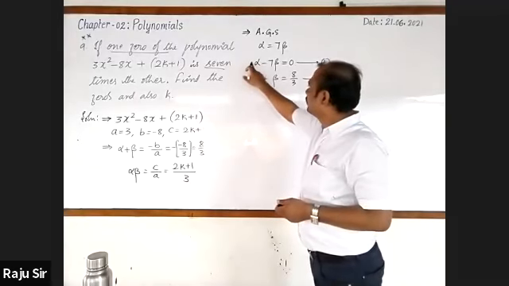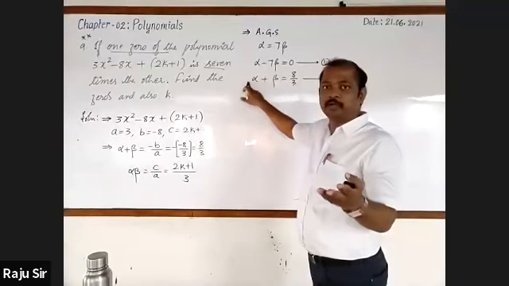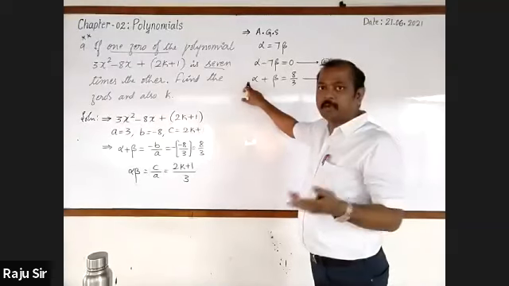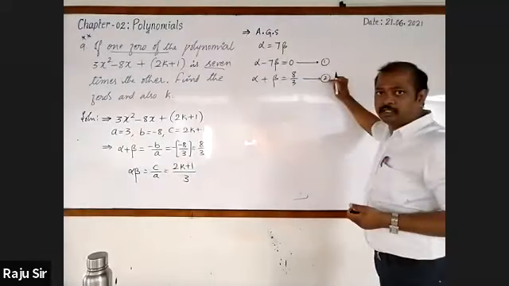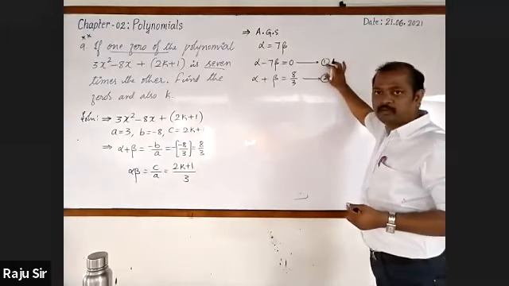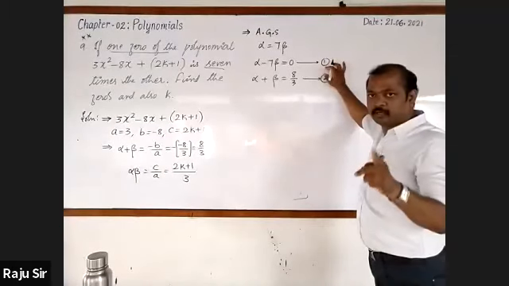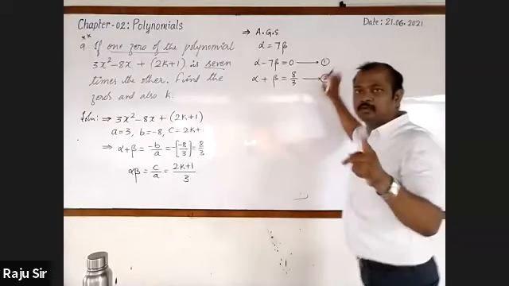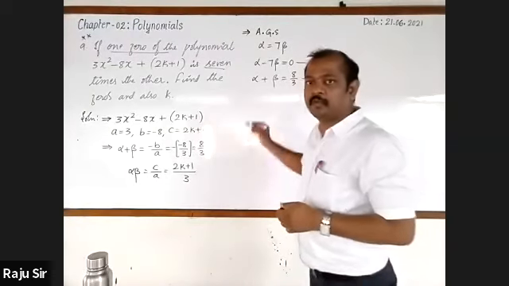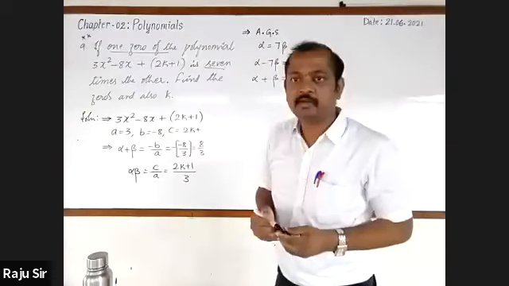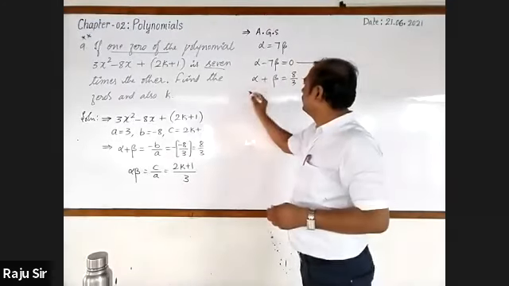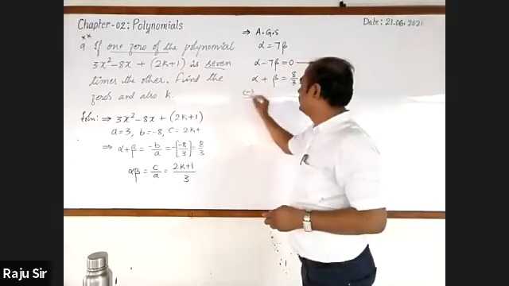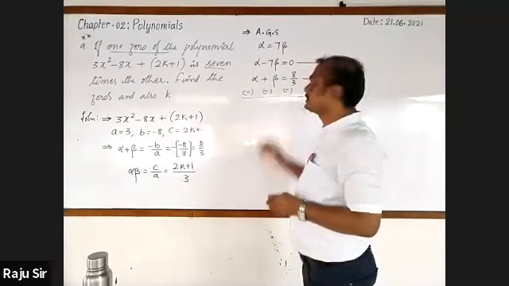Here we have alpha plus alpha, which would be 2 alpha. To cancel them, we have to change the sign. That means we have to subtract equation 2 from equation 1. Did you understand? Now I'll change the sign. Minus, minus, this is minus.